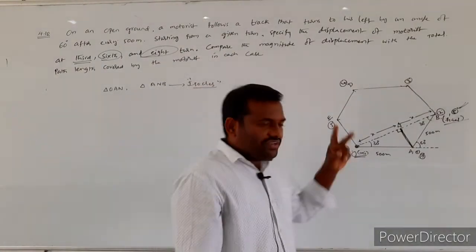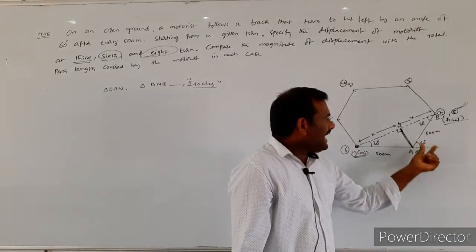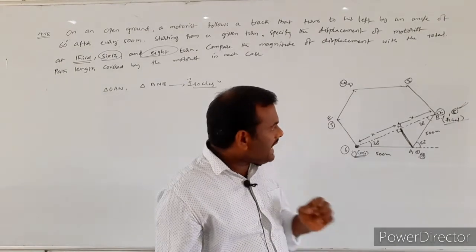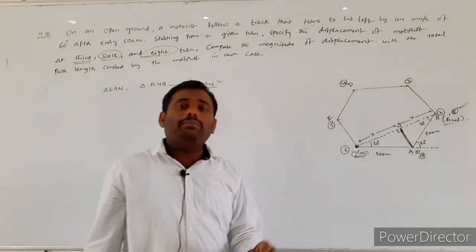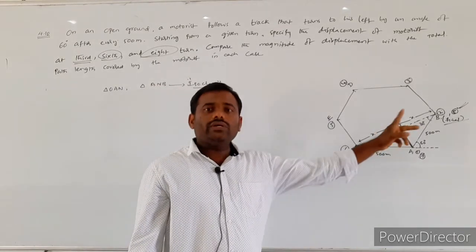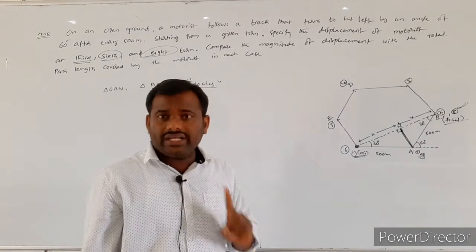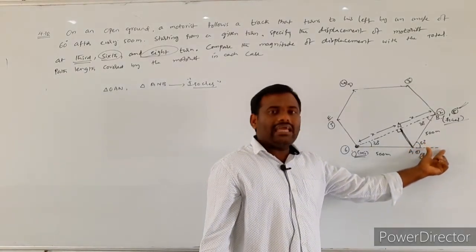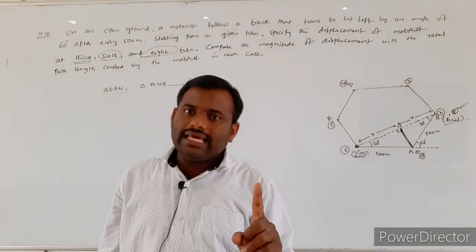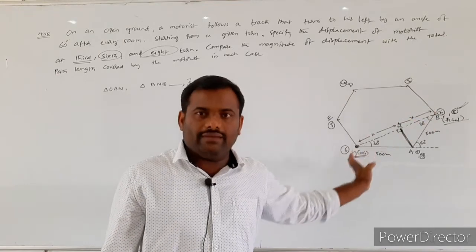Because if any two triangles are isosceles, the exterior angle value is equal to the sum of its two interior angles, and the opposite angles will remain the same.